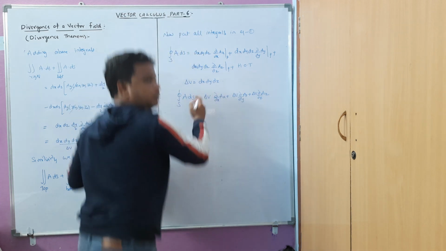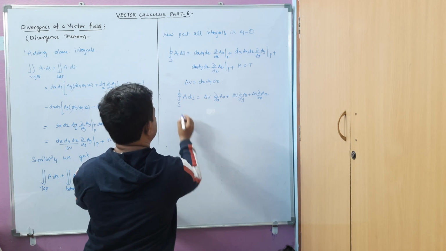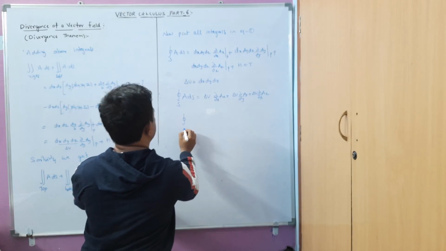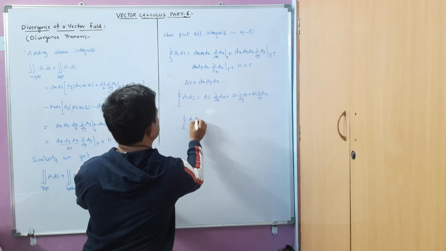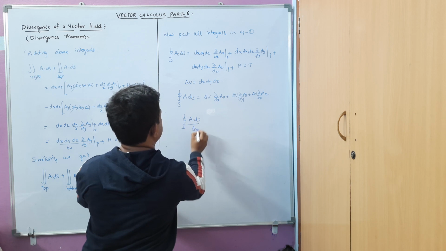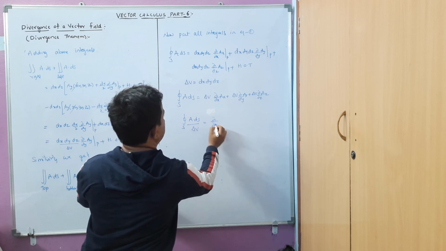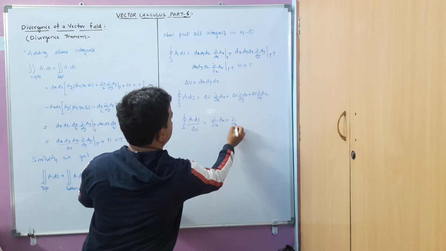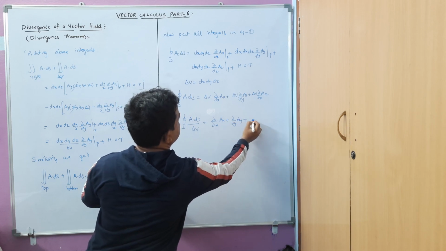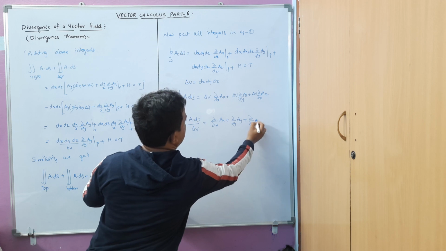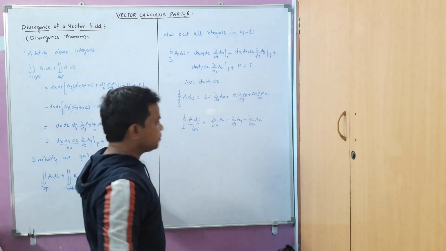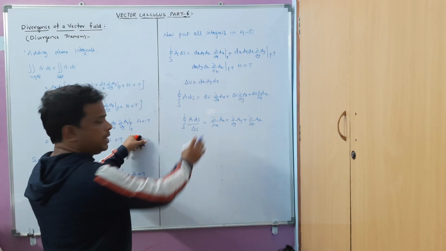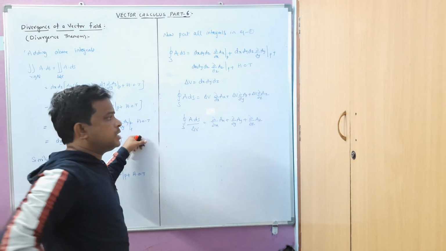Now taking common delta v and keeping it in the denominator, closed surface integral A dot dS by delta v is equal to dou by dou x of ax plus dou by dou y of ay plus dou by dou z of az.